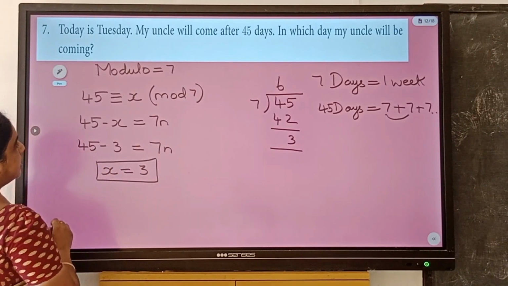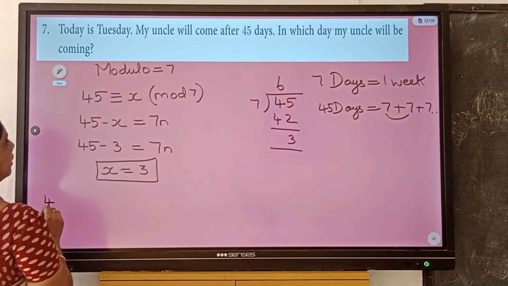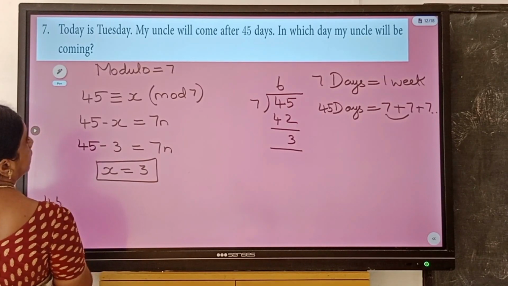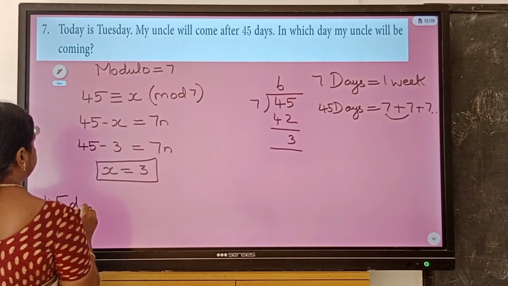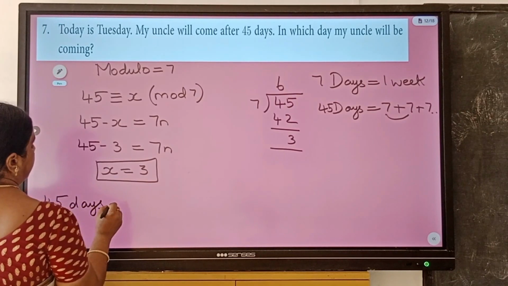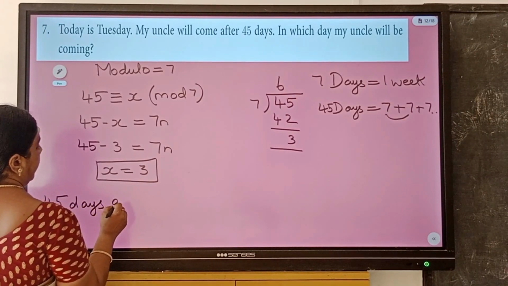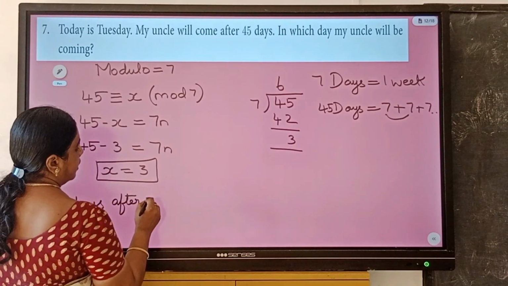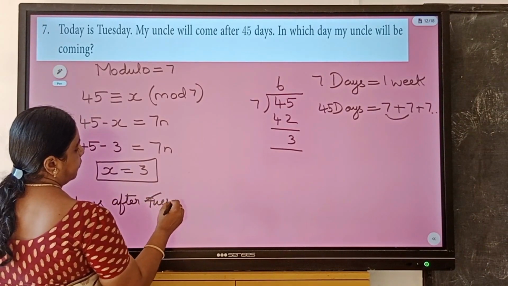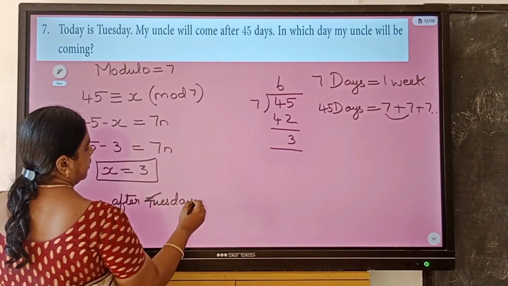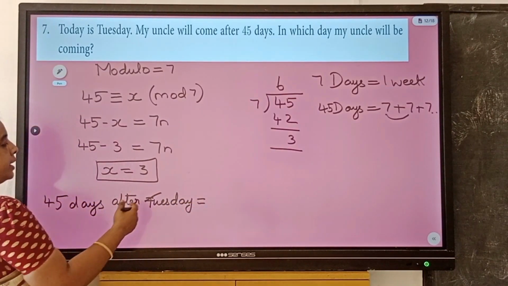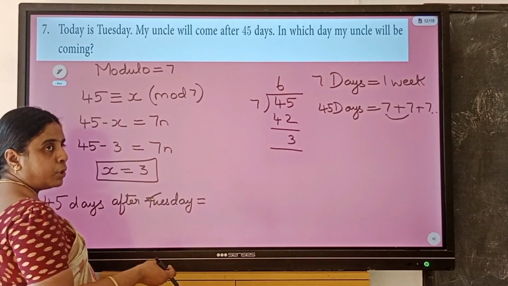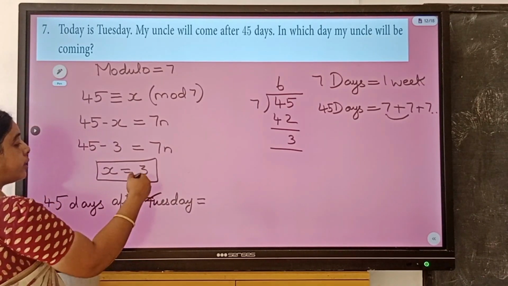Now what have they asked? 45 days after Tuesday. So 45 days from Tuesday, from Tuesday you are going to add 3 days.